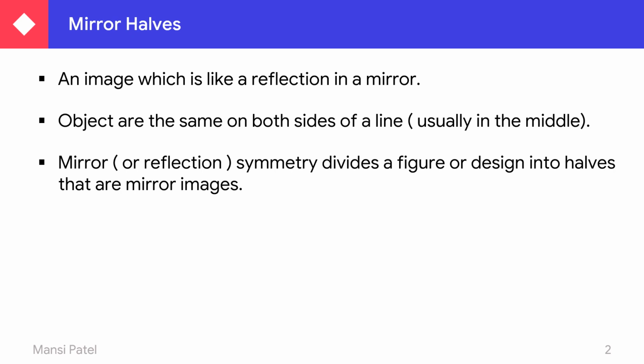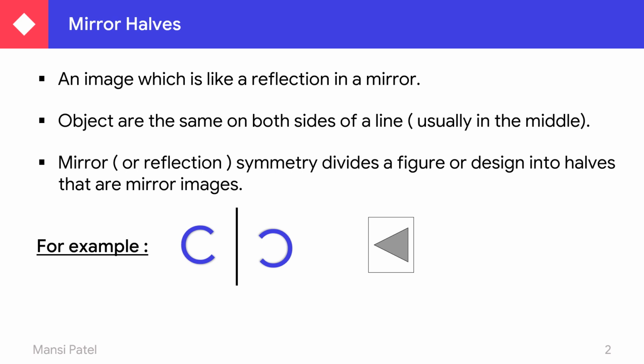But all parts should be equal, all parts look the same as their other parts. For example, here is the letter C, and this is the line of symmetry. Then how does it look? See, both sides are the same.